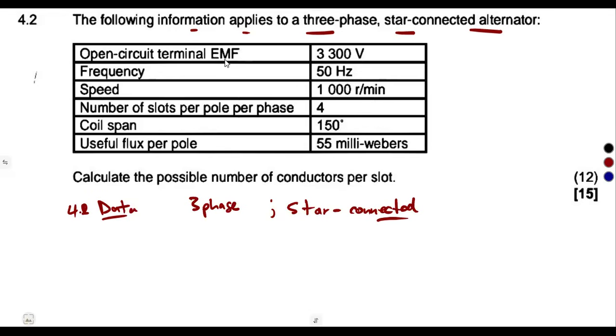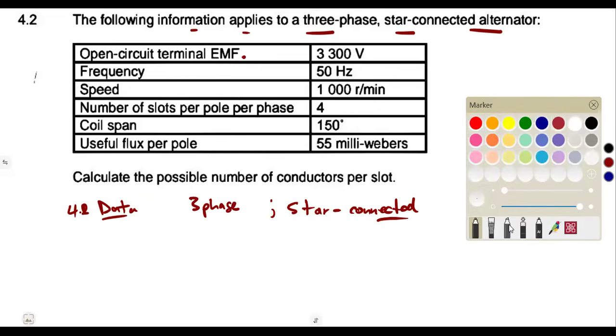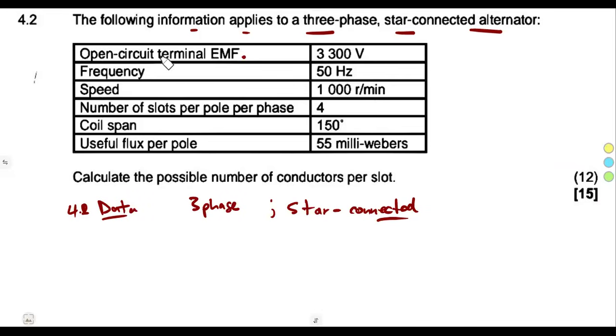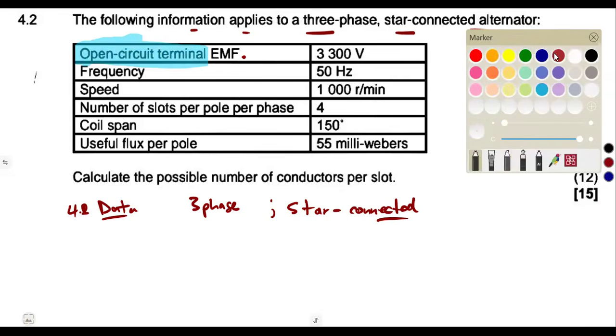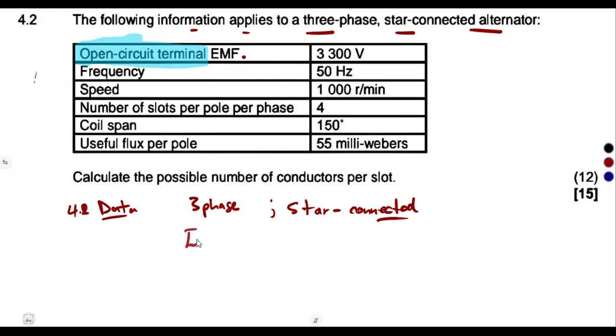You're given the open circuit terminal EMF. Whenever you're given this, unless stated otherwise, that is your line EMF. It is a line value that you are working with there. So we are given EL, which is 3,300 volts.